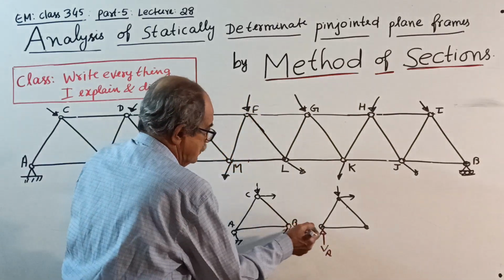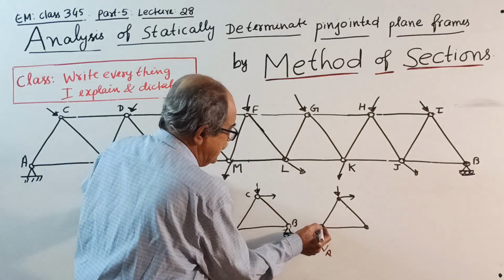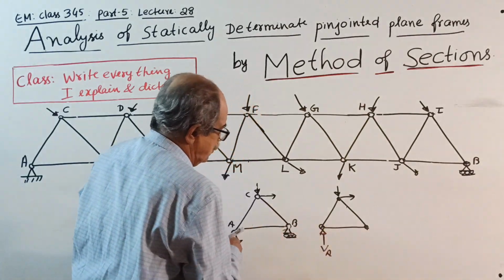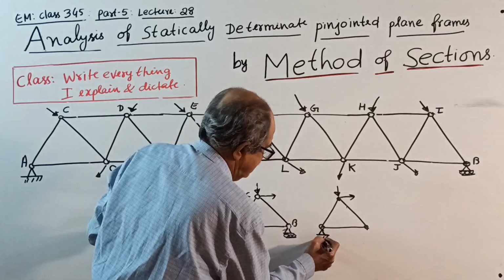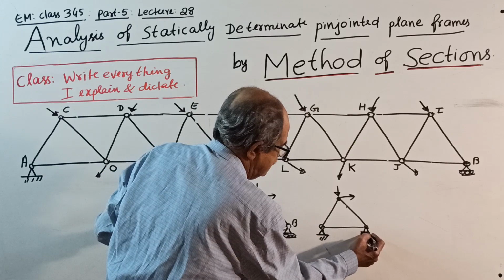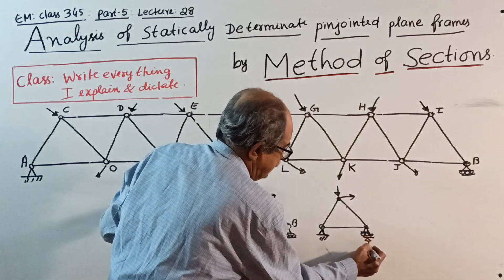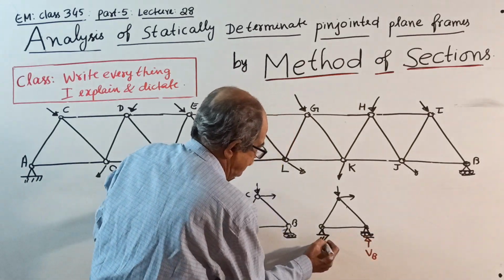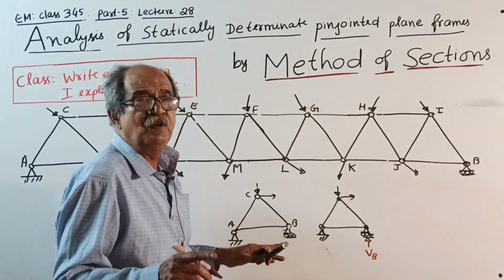Then VB will be 100% upward. Why? Think, this is a hinge support, and I put the hinge support correctly here, hinge here, roller here. These are all concepts. This is 100% upwards, I know it. This one can be upward or downward, which you will know only when you solve the problem.